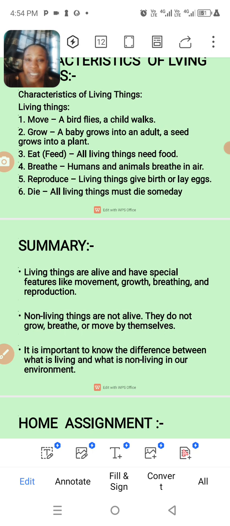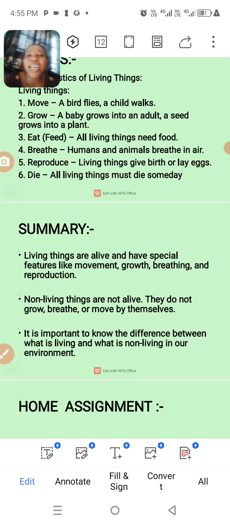So your plants also need air. In other words, human beings and animals breathe in air, but plants need air to also grow. You expose them to air and sunlight so that they can grow effectively.